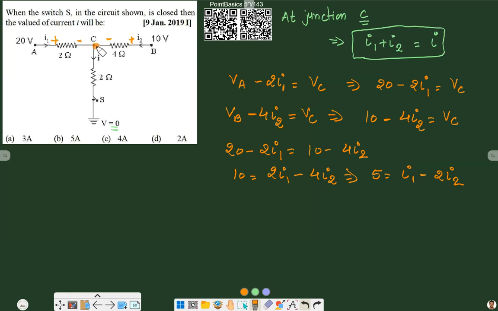Now let's come to point C. We consider that there will be some potential at point C, and from point C current is going downward, so this will be positive and this will act as negative. And if we write the equation between point C and ground, Vc minus resistance into current is equal to 0.